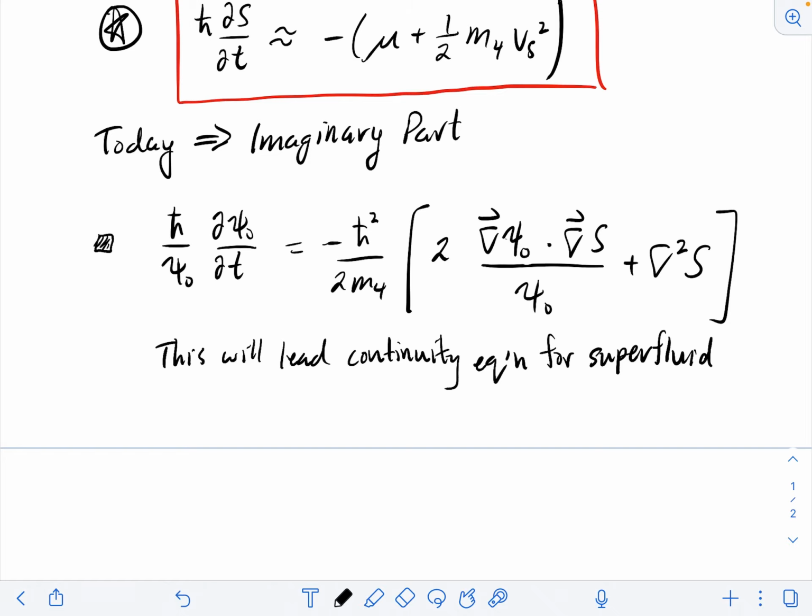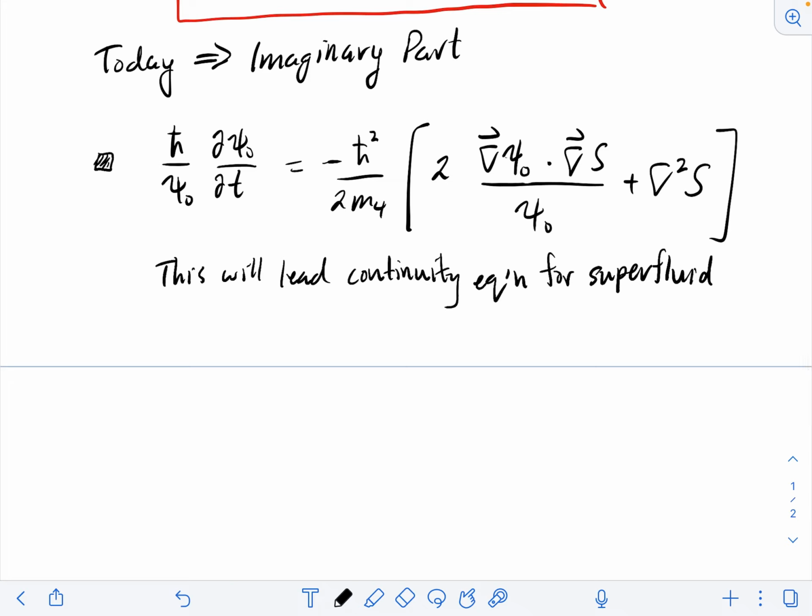To see how that's done, let's remind ourselves of a couple things before we start. One is that we chose the normalization of our wave function such that the amplitude squared was equal to the number density of superfluid helium atoms, so it's the mass density divided by the mass.